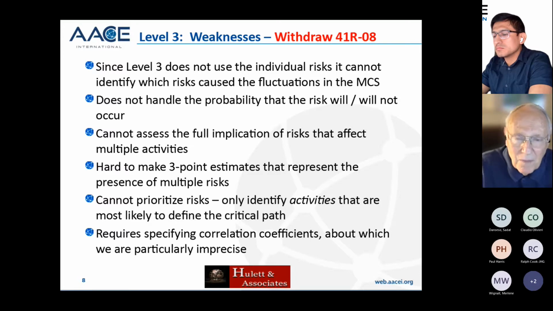Because you're looking at each individual activity in level 3 individually and getting a range of the duration of that activity, you don't know whether the risks that are causing that range are affecting the next activity or the next activity or 100 activities. And I've had risks affecting 1,000 activities. So, this is a very important point.